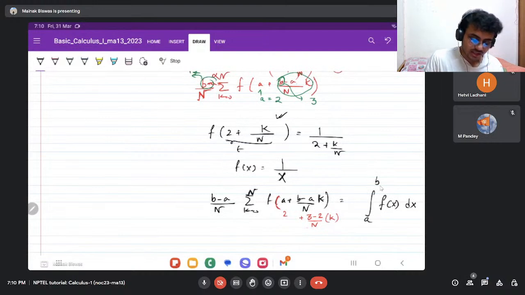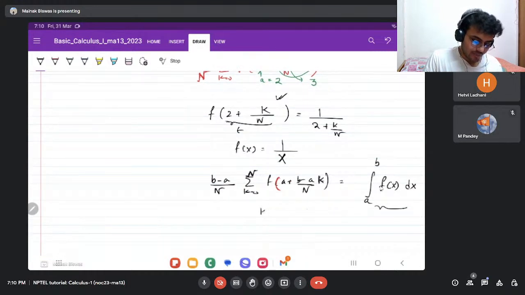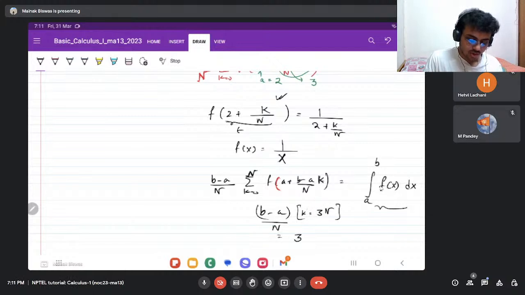So this is the integral between these two. You see b minus a, and k equal to 3n, by n is equal to 3, right? So that is the first point.